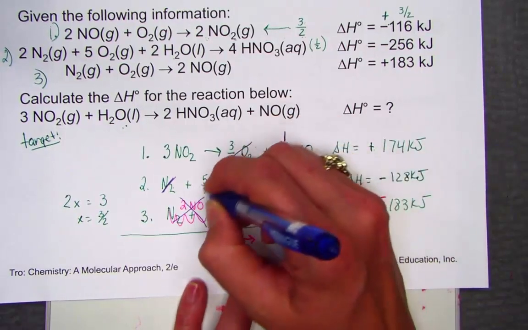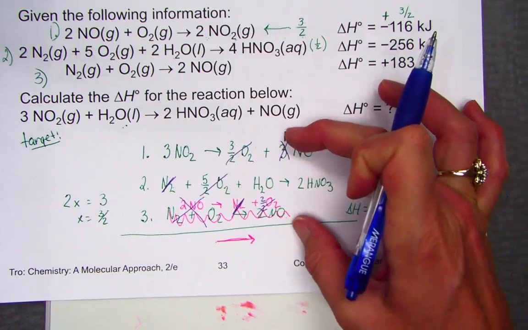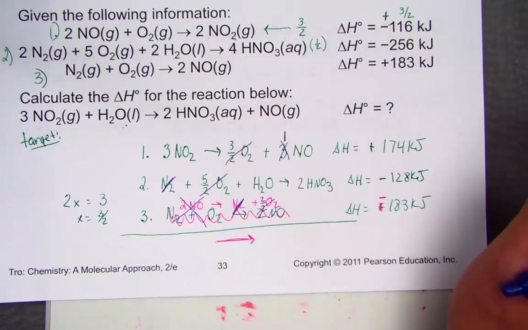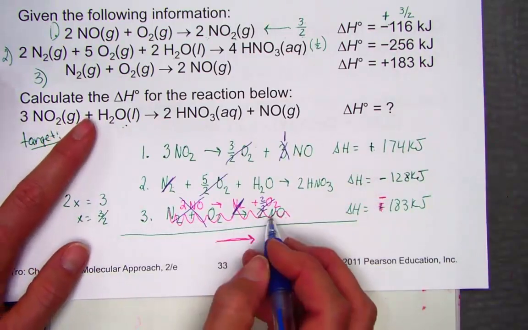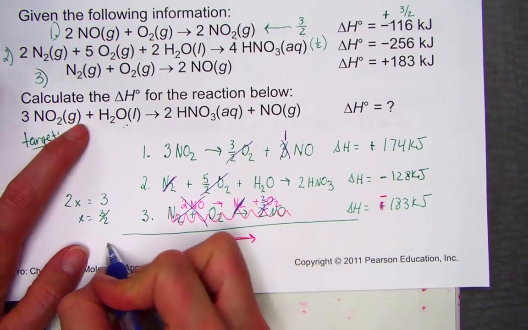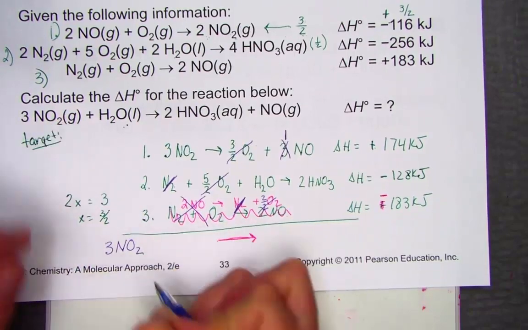That's going to simplify, and the oxygens are all gone. 5 halves combined on the right can simplify with the 5 halves written in equation 2. And I think we've got there. I had one little flip in equation 3 that I had to repair, but here's what's left over. Equation 1 has 3 units of NO2. That's the first target reactant.